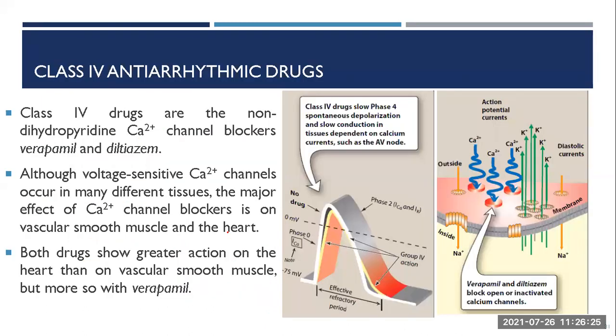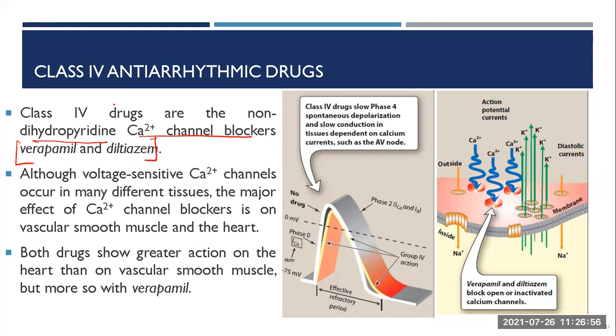Okay, so now the last class of drugs, the class 4 anti-arrhythmic drugs. These class 4 drugs are the non-dihydropyridine calcium channel blockers. Examples: verapamil and diltiazem. Why is it said non-dihydropyridine? Because calcium channel blockers, as we have studied in the classification, have three classes.